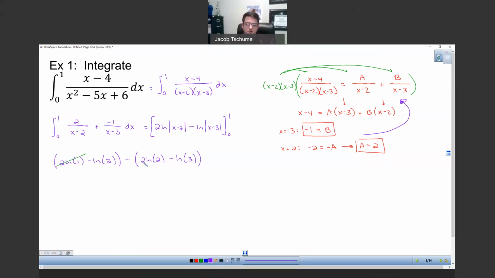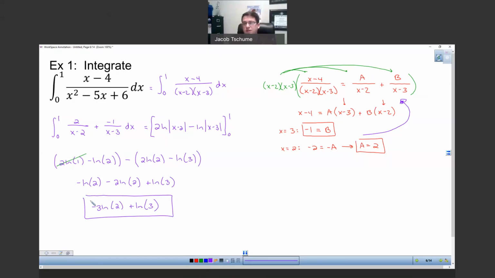And if I distribute the negative to the second parentheses, you get negative natural log of 2 minus 2 natural log of 2 plus the natural log of 3, and then put your natural log 2 terms together, and you get negative 3 natural log of 2 plus the natural log of 3. And that is your first example of a case 1 partial fraction.